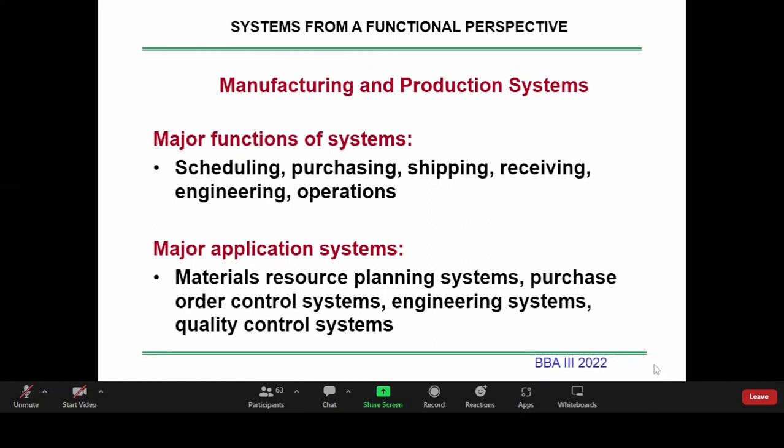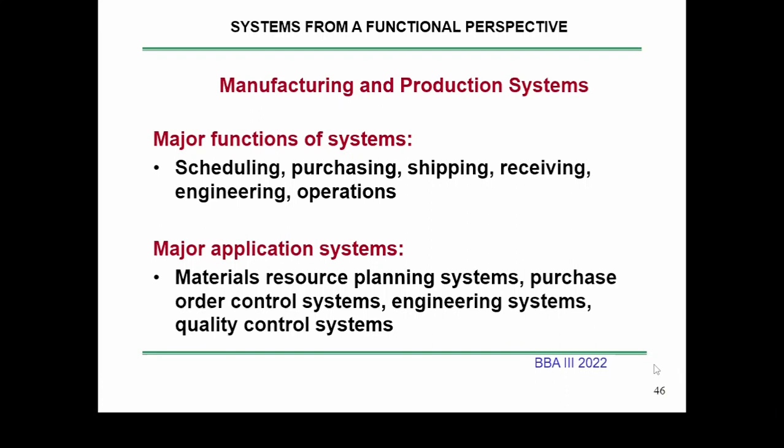We are scheduling maybe the receipt, or the outward movement of maybe products or materials. Then shipping, receiving. In EPM, you must have covered these things. Then the major application systems, you're looking at materials resource planning systems, purchase order control systems, engineering systems, quality control systems.